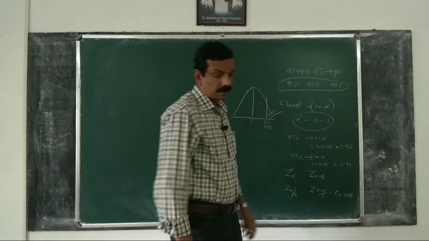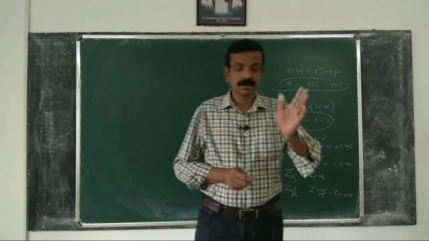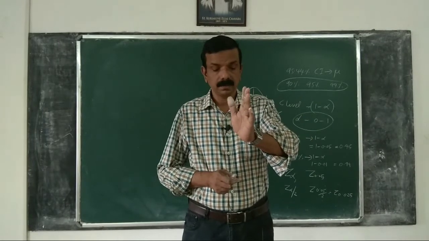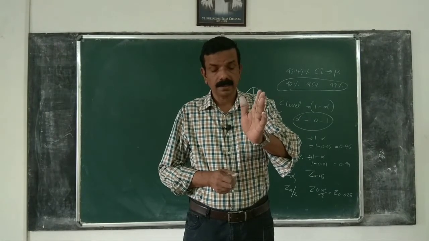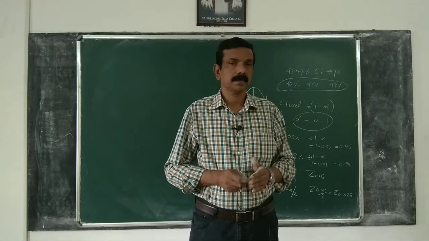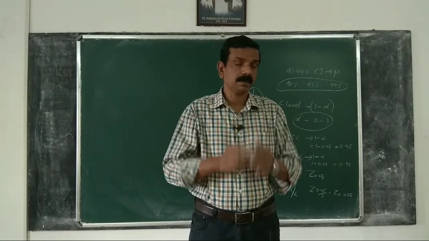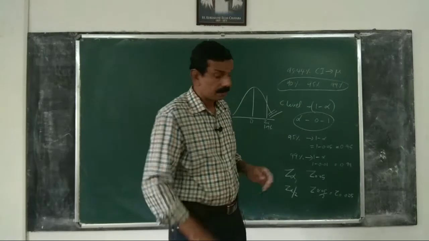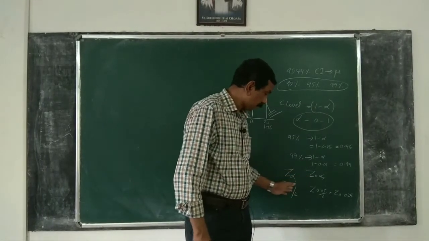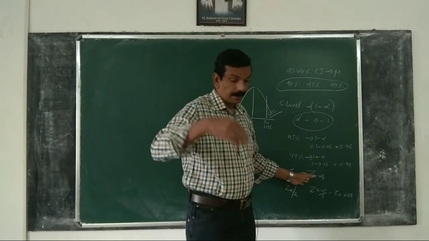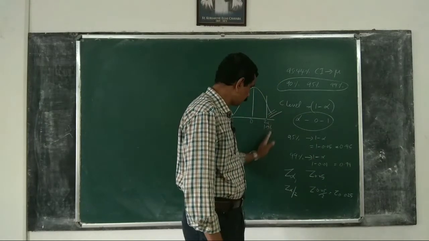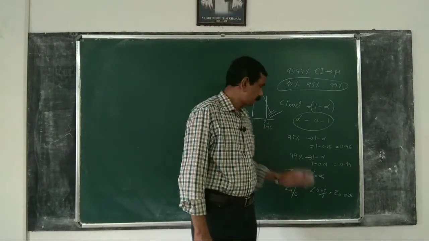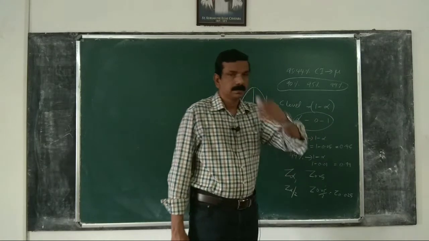So Z alpha represents the Z score that has an area alpha to the right. If alpha is 0.05, that is a Z score such as 1.96.